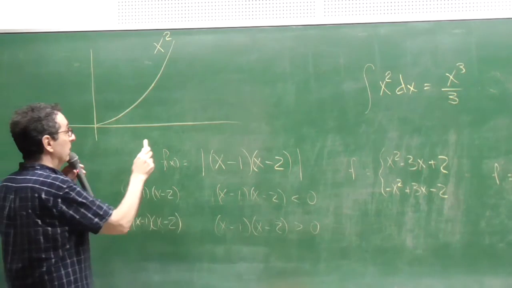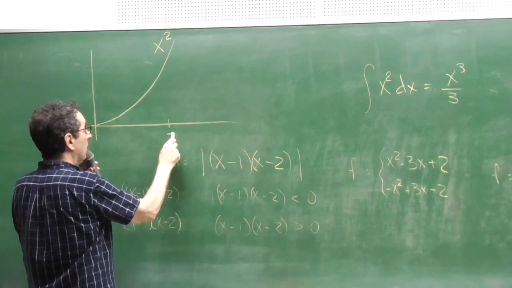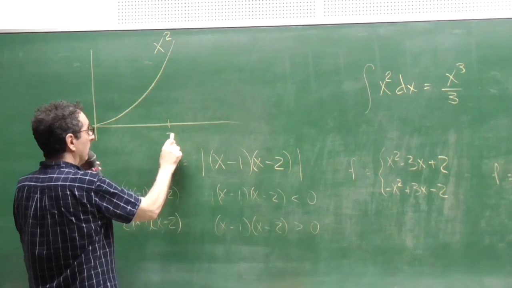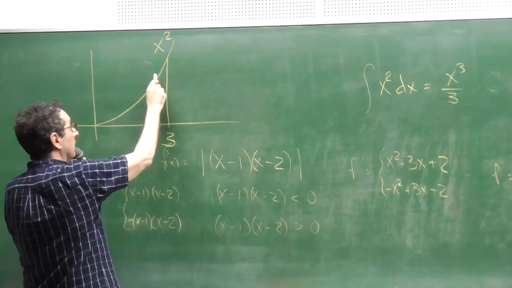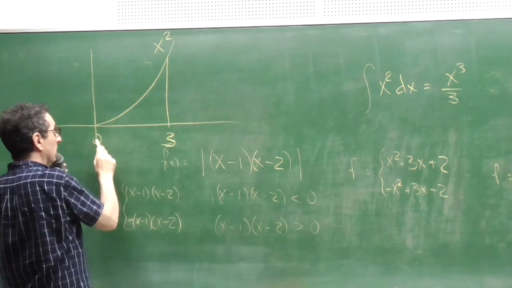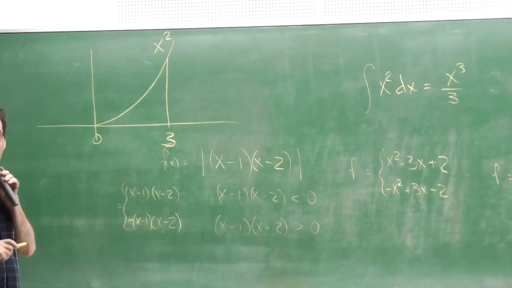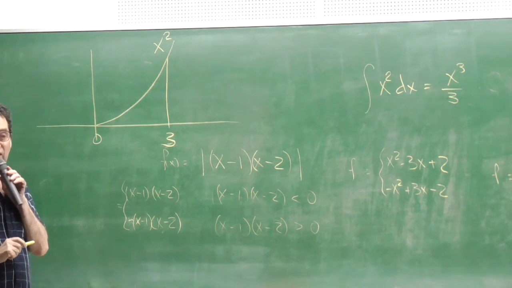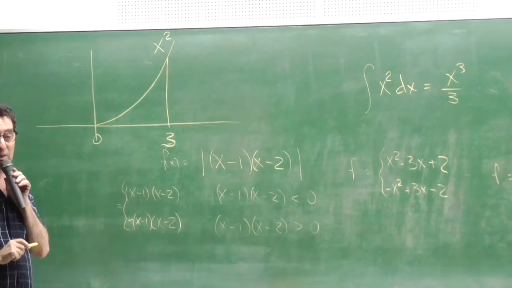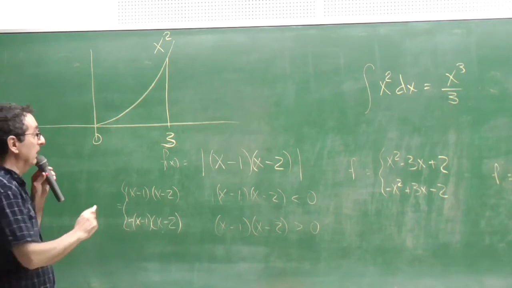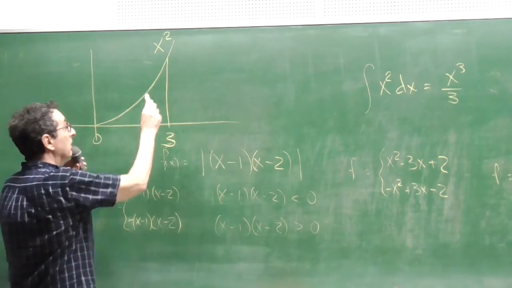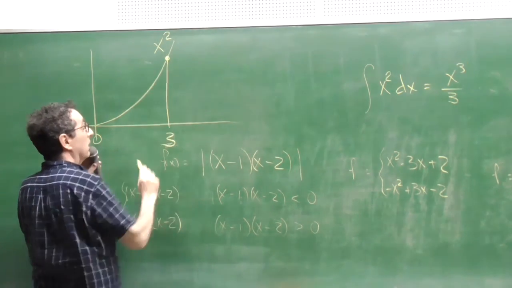The question is, what is the area in between, say, 0 and 3, underneath that curve? Okay, now, that doesn't seem like an easy question, right? How could we get that? So what is the height of this point?